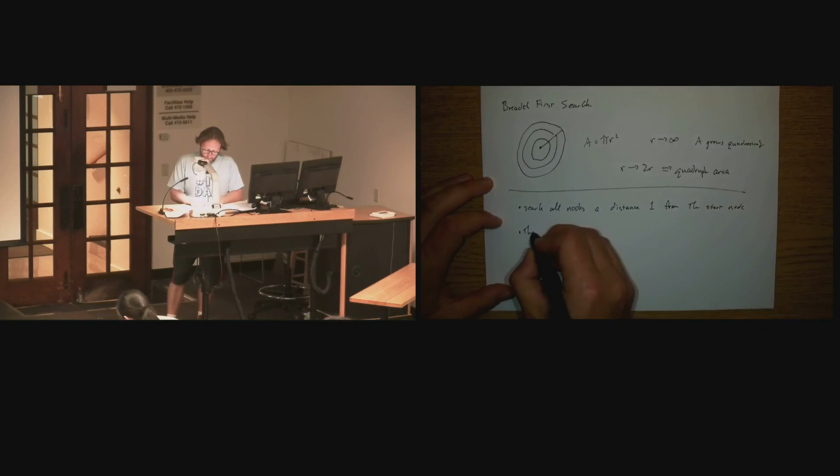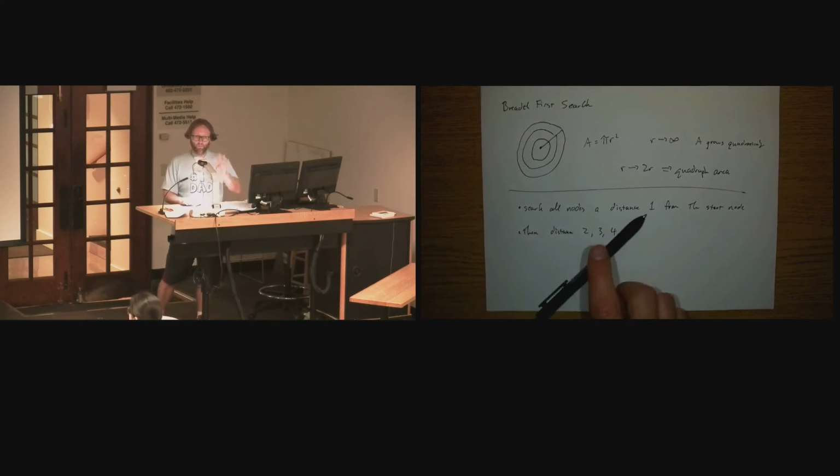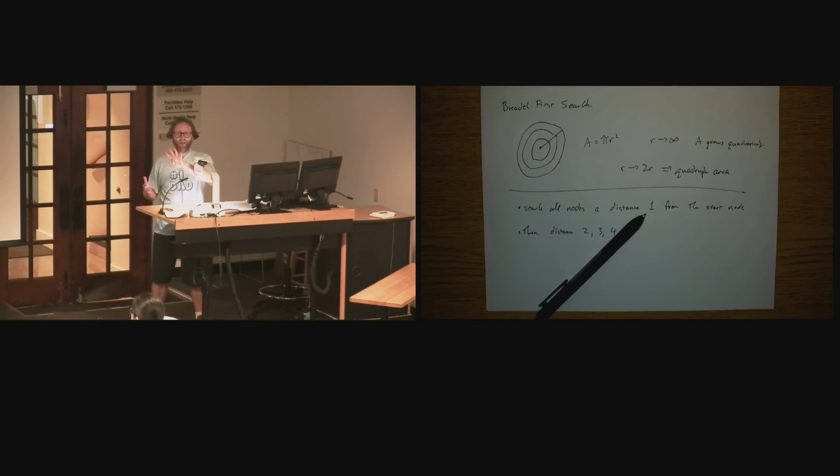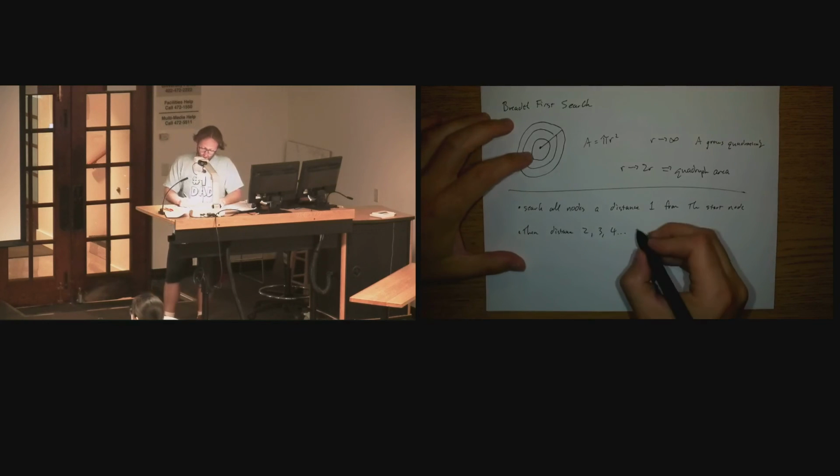Then distance 2, then 3, then 4, and so on. When do you stop? What's the maximum distance node in a graph with n vertices? For 4 vertices, what's the maximum path that you could have? 1, 2, 3. So n minus 1.